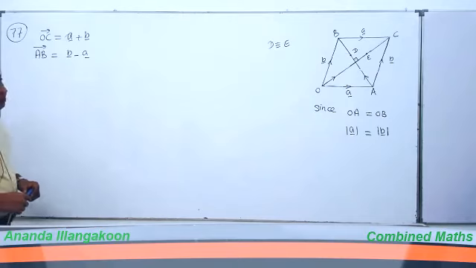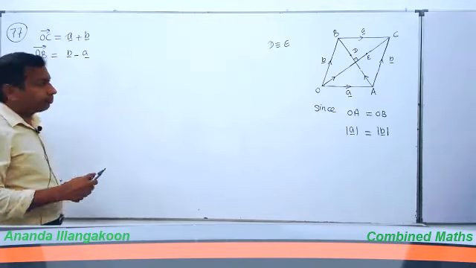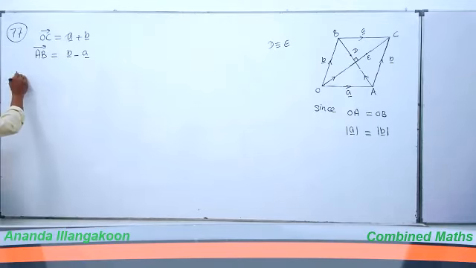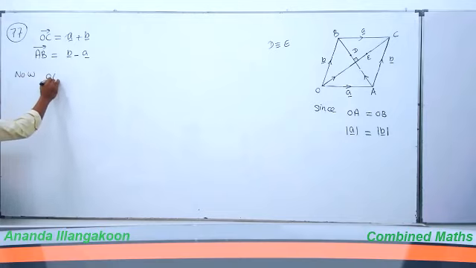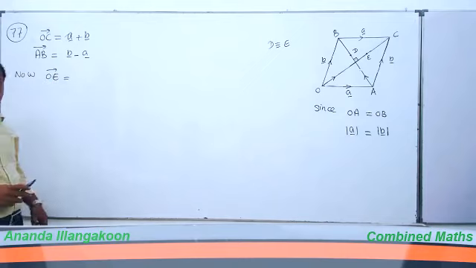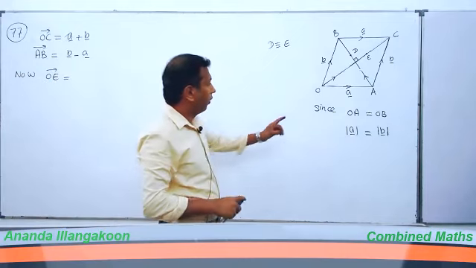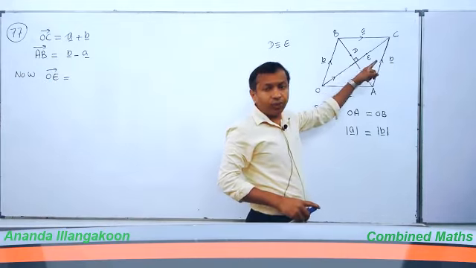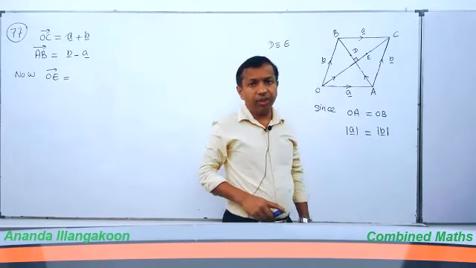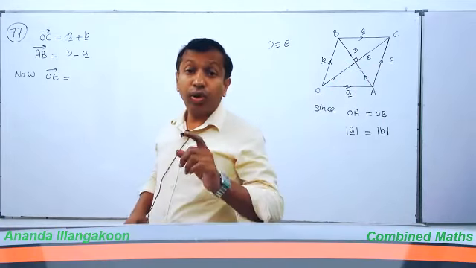Now, how to write the OE vector? E is the midpoint of OC, no? Then OE, we can write as half of OC.